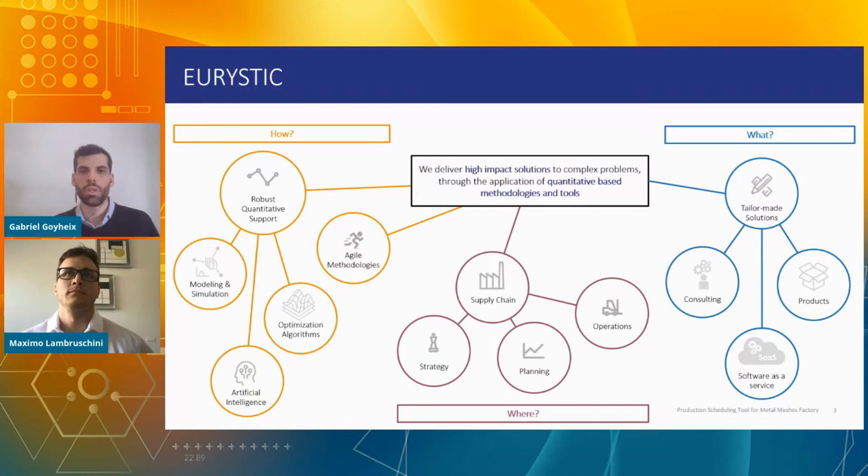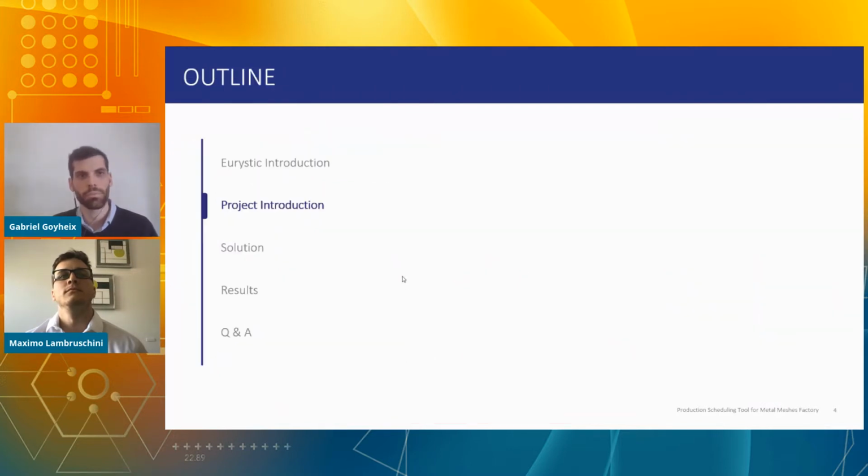Although we don't exclusively work on supply chain projects, we do have vast experience in manufacturing, transportation, and warehousing operations. And all the tools that we develop are tailor-made to solve the client's specific problems. So without further ado, let's dive into the project.